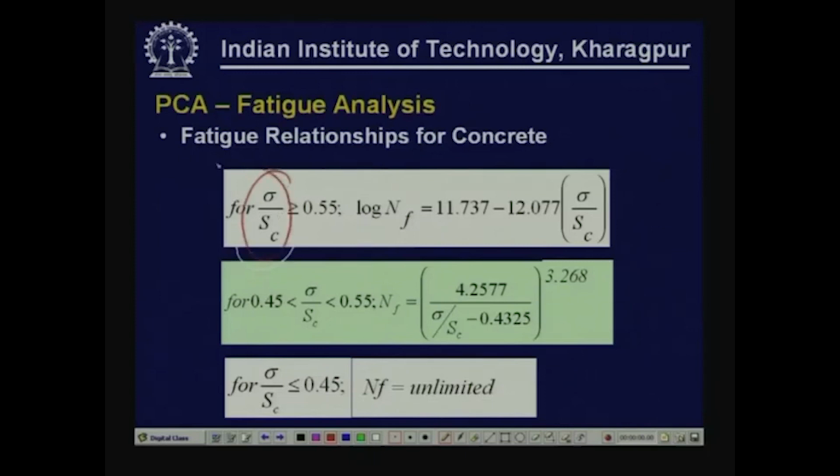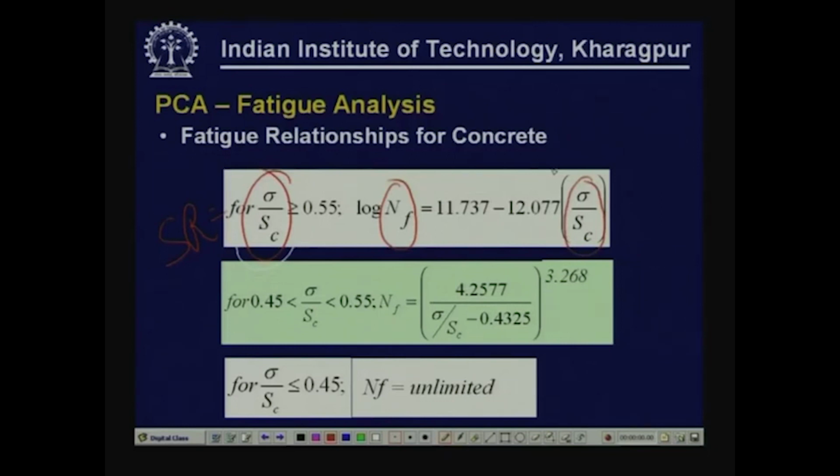where sigma is the tensile stress in concrete because of the load under consideration, and SC is the tensile strength of concrete. We have represented this as stress ratio SR. So, if the stress ratio is greater than or equal to 0.55, the number of repetitions to fatigue failure N_F is given as a function of stress ratio sigma by SC by this equation.